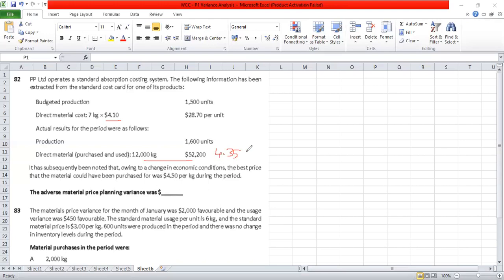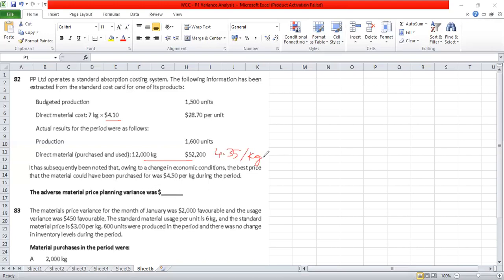There is a mention that because of changes in the economic condition, they should have planned at 4.50. They failed to anticipate this change right at the time of planning itself. They cannot assume whatever happened in the past will also continue to happen in the future.